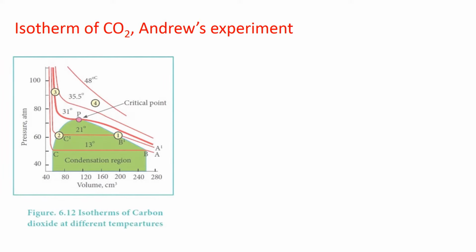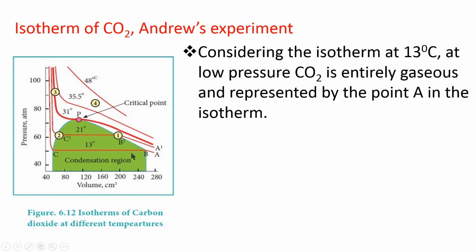Now, these are Andrews experiments and the isotherms of carbon dioxide. Andrews did the experiment on carbon dioxide gas and we see the observation. See, this is the curve for the Andrews experiment and this experiment is done at different constant temperatures, say 13 degrees centigrade, then 21 degrees centigrade, finally 31.1 degrees centigrade, then 35.5 like that.